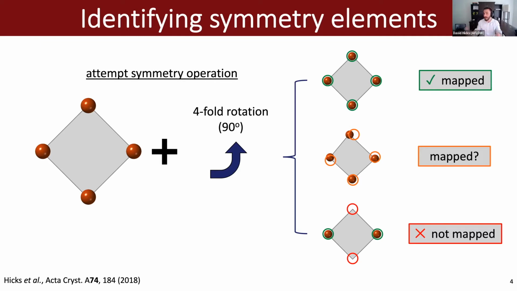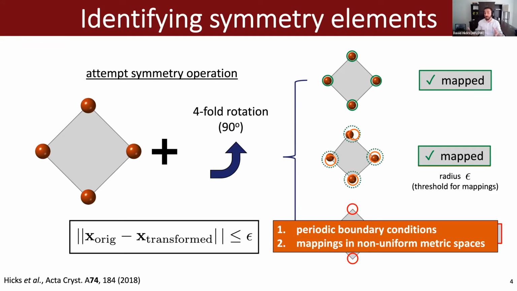Maybe there's a finite temperature that causes the atoms to shift from their ideal positions. So the question becomes, should this be a mapping in our crystal? In general, we apply a tolerance threshold, which we refer to as epsilon-SYM. If all of the atom positions are within this threshold, epsilon, and you do one-to-one mappings, then we would say that this is indeed a symmetry of our crystal.